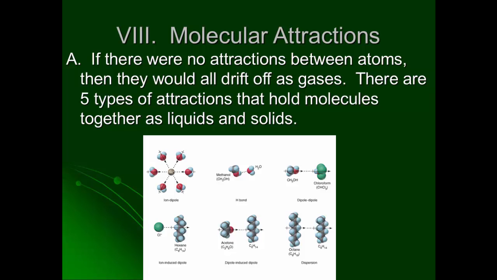Another possibility is hydrogen bonding. Now this plays a huge role in nature. It holds DNA strands together, it holds protein strands together, and what happens there is you get a compound that has nitrogen with hydrogen, hydrogen with fluorine, which there's only one of, it'd be HF, and oxygen with hydrogen, water, alcohols, things like that.